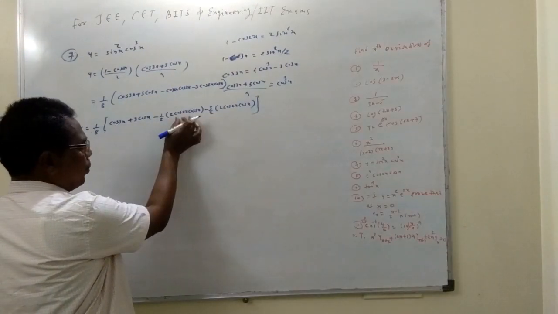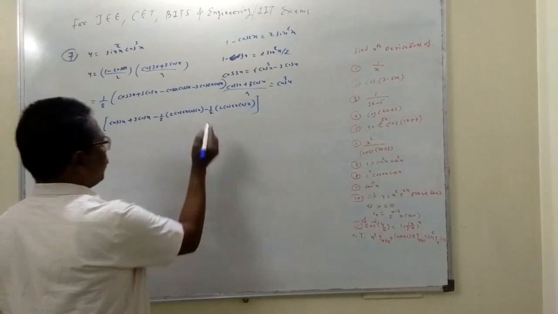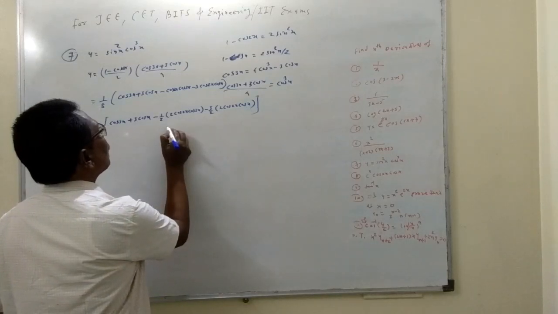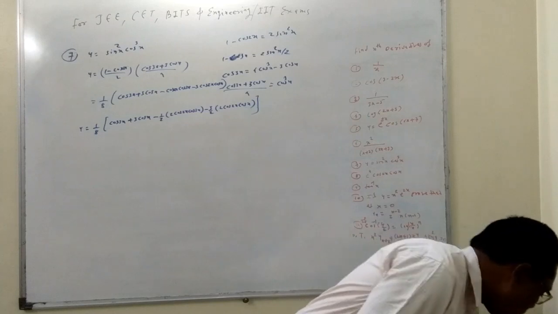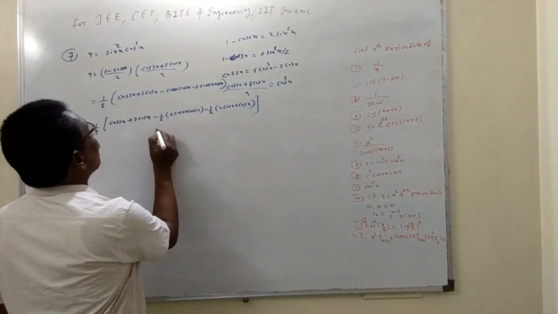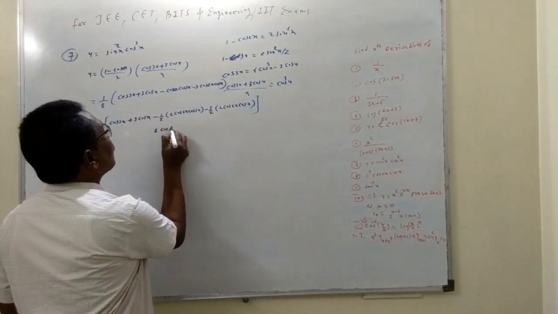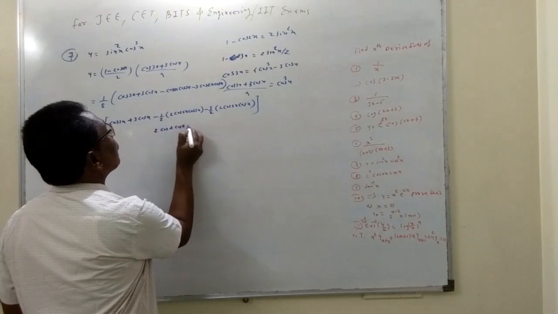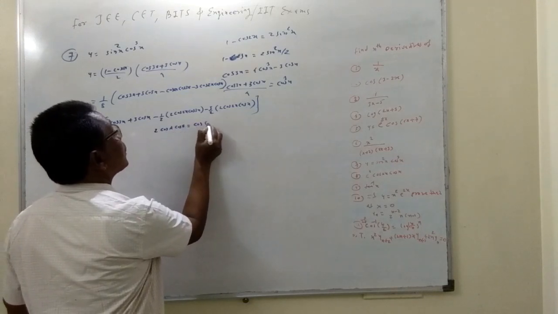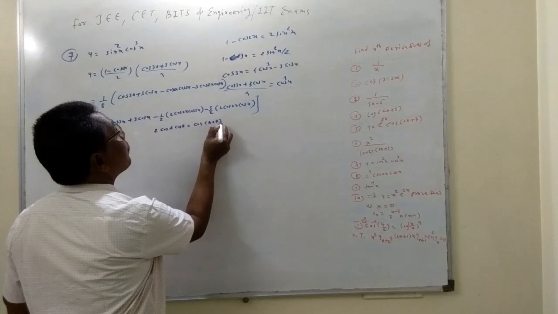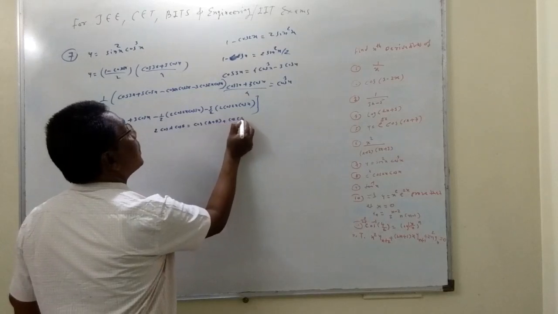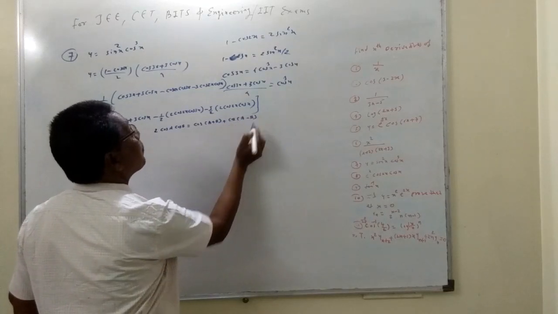So here this product you want to convert into addition. So we'll use the formula 2 cos A cos B is equal to, you know the formula, cos A plus B plus cos A minus B.